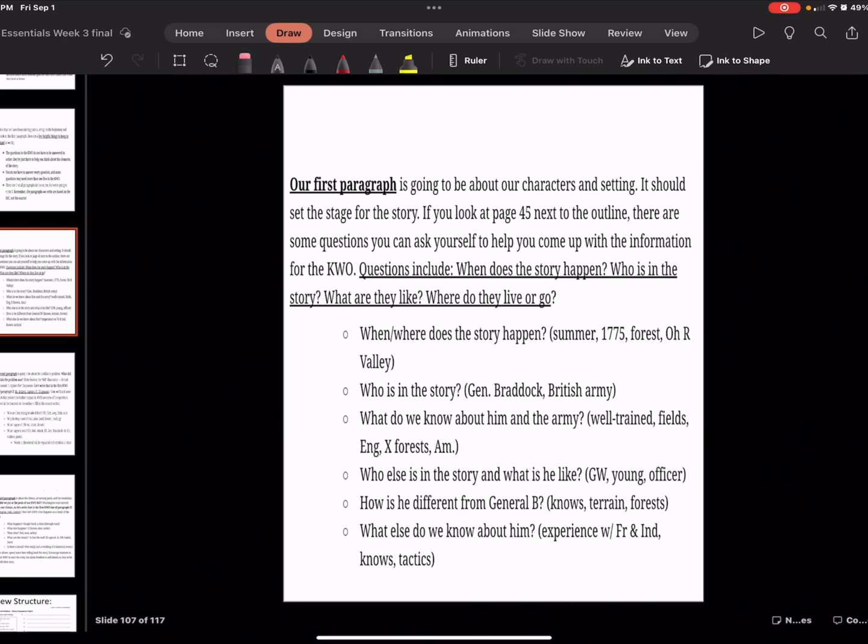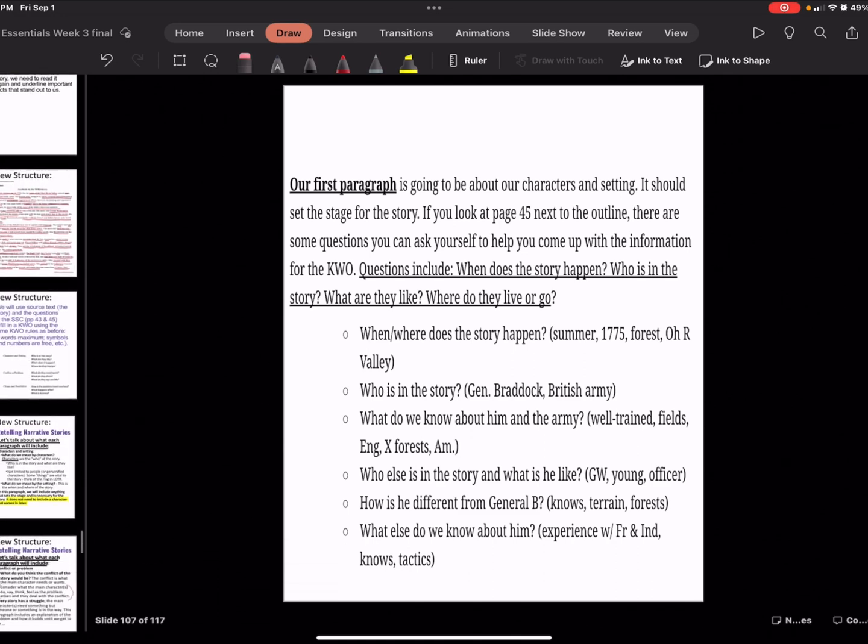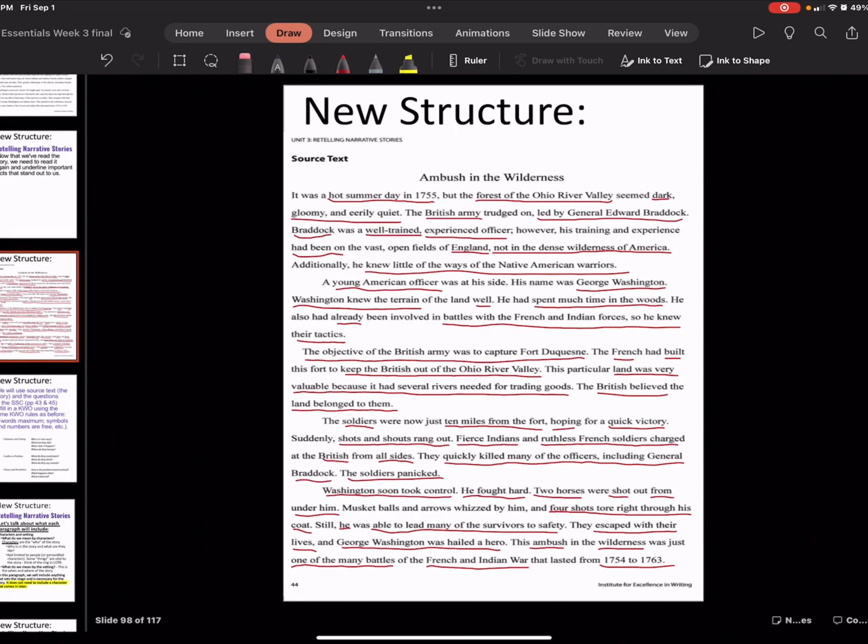So why do we include that? Let's go back and look. We're going to look here at paragraph 1 and 2, and we see that we have not yet reached the conflict or the problem, right? Anything that's listed before the conflict or the problem is going to be our setting and characters. So because paragraph 3 starts to list our problem, we can guarantee anything above that is going to be our setting and character information.